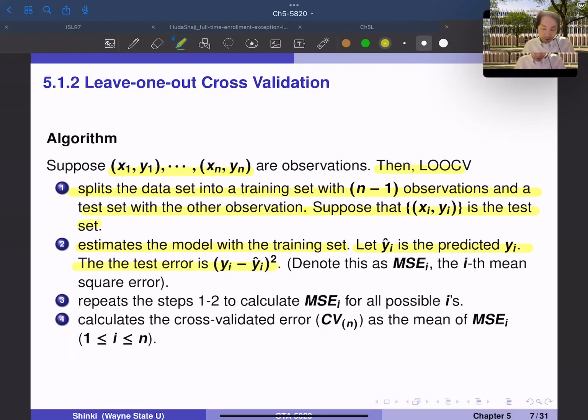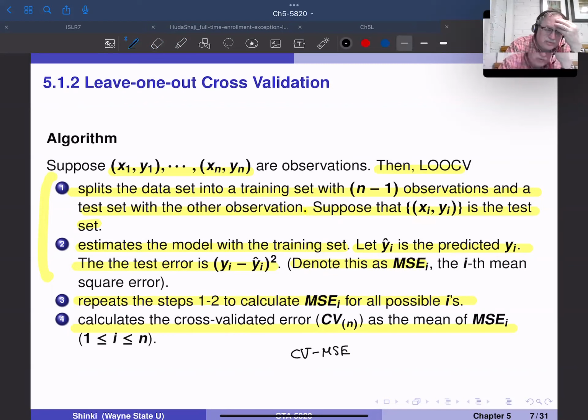The test error is just the square of y_i minus y_i hat. Denote this as MSE_i, the ith mean square error. Then we repeat this n times, 392 times in the Auto data set, calculate MSE_i for all possible i, and take the average. That is the cross-validated error, the cross-validated mean square error, CV MSE.